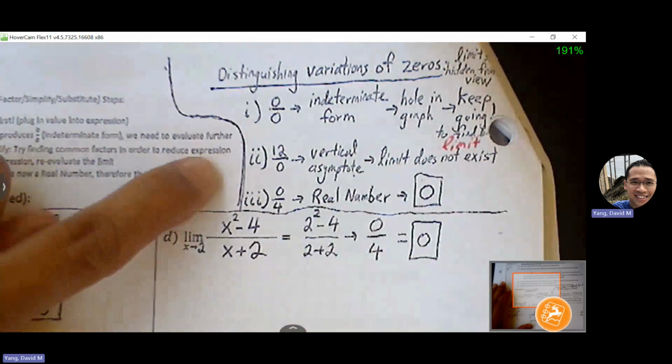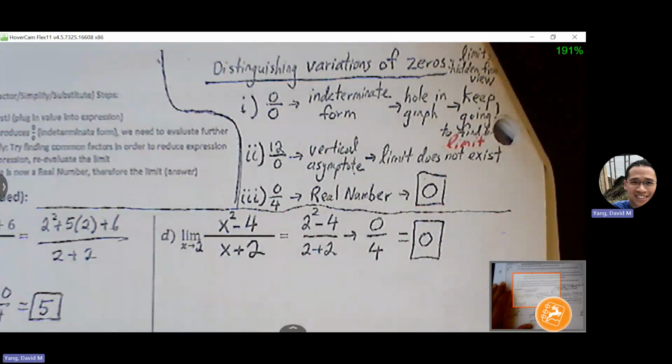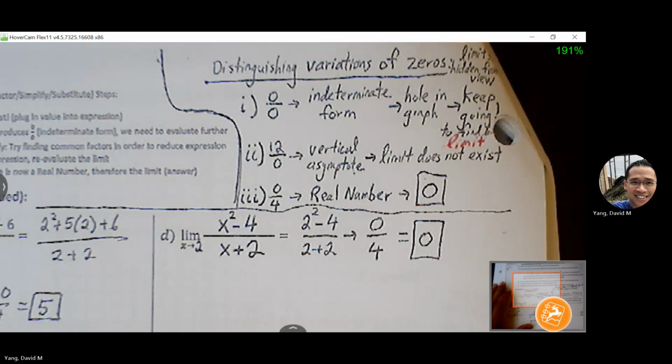So let's not get confused between these variations, and that if we see zeros showing up in our evaluation, that we know which category that we're dealing with, and then we act accordingly. Okay, so let's try each, and then have you guys try one.